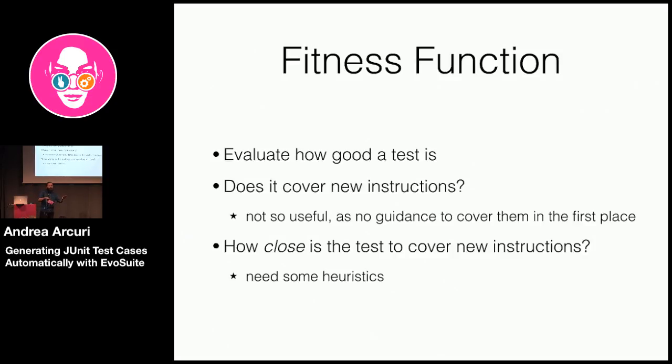If you see that some test cases are a bit better in this area, okay, let's go here. Then I look here and say, these are still bad. These are better, okay, I'm going here, and so on. So you try to explore the search landscape. But to do that, you need to know how good the test cases are. So you need a fitness function, something that tells you this test case is good or this test case is bad.